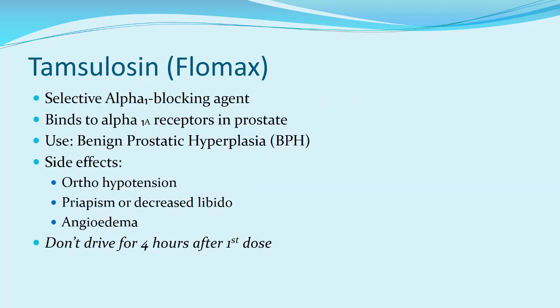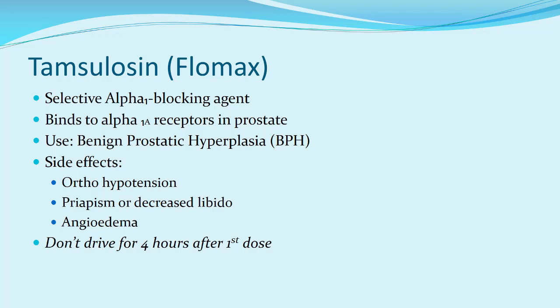Tamsulosin is an alpha-1A blocking agent, so its action is much more selective. It binds to alpha-1A receptors in the prostate, used in the treatment of BPH. And when it binds to the alpha-1A receptor sites, then smooth muscle relaxes.